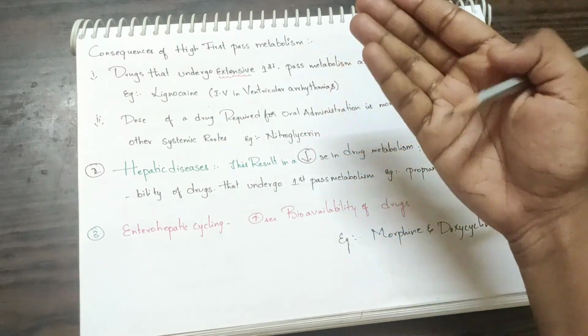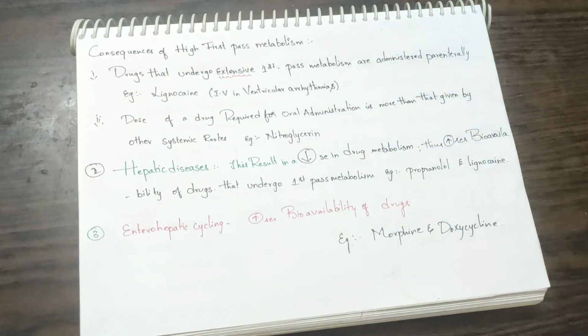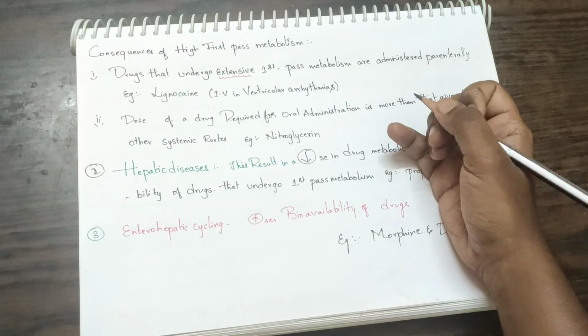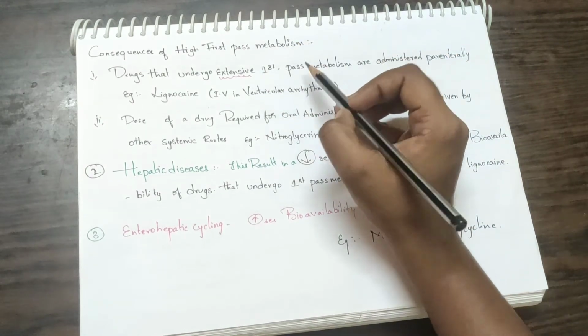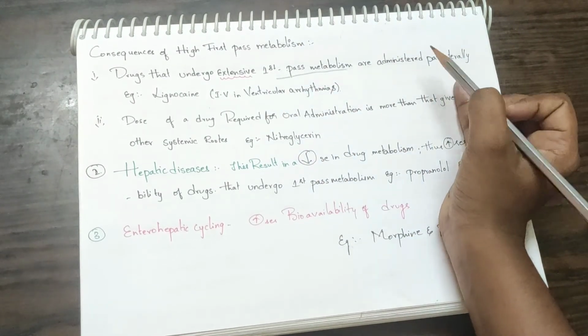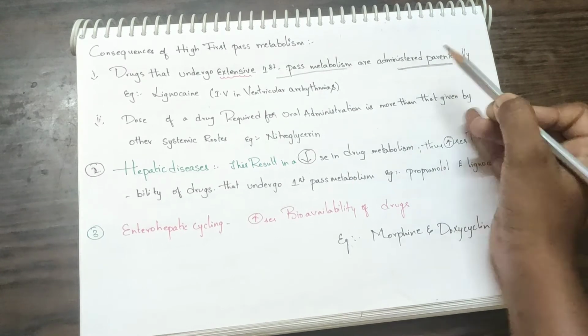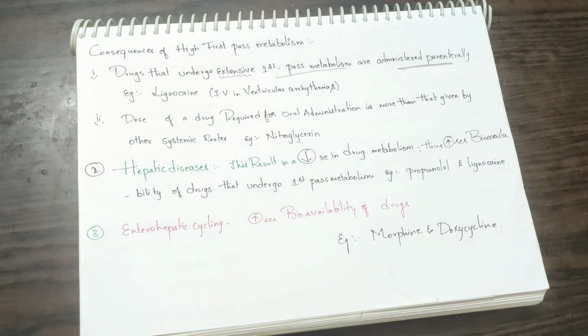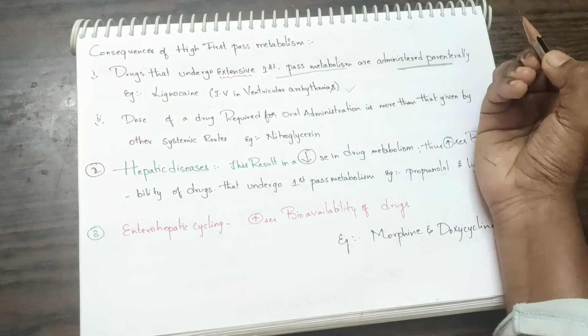So what happens if there is very high first pass metabolism? As previously said, if the drug undergoes extensive first pass metabolism, we have to give the drug by another route, parenterally, for example the IV route. The IV route has 100% bioavailability, so we choose it compared to the oral route because of high first pass metabolism. This is one consequence.